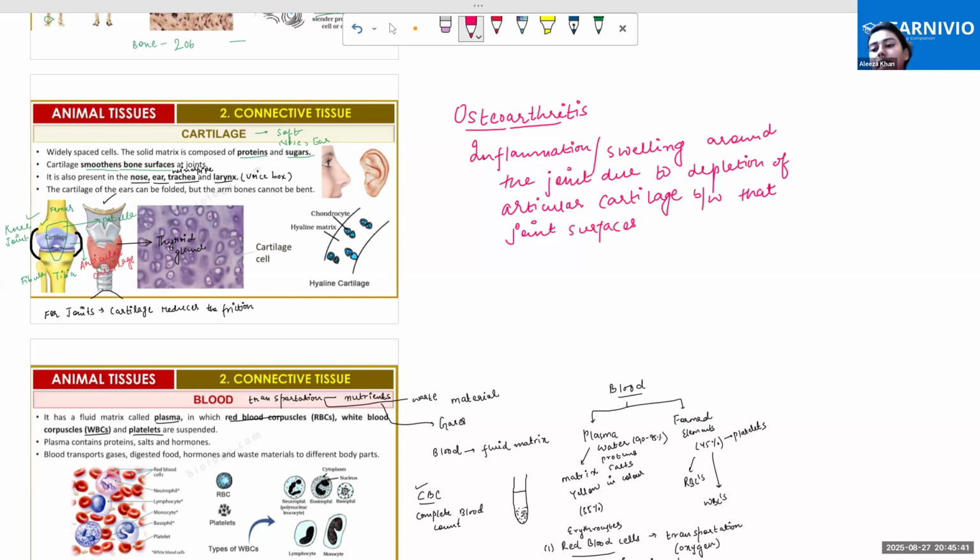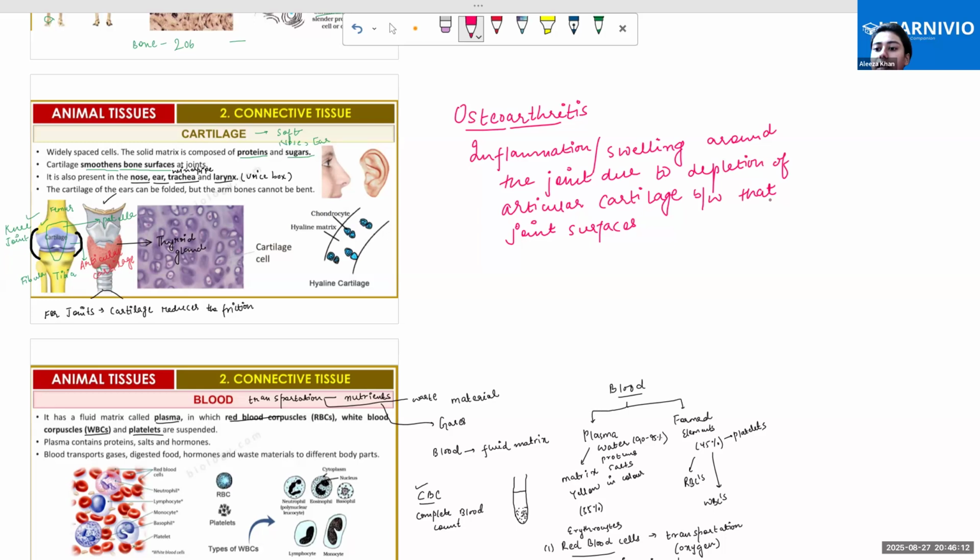Okay. So it can be associated with your knee also. It can be associated with your finger joints also, all the small joints in your finger. They get inflamed or swelled up whenever this cartilage depletes. Okay. Got it? So this is for the understanding only. I'm telling you which condition is associated with the depletion of these articular cartilage between the joint.